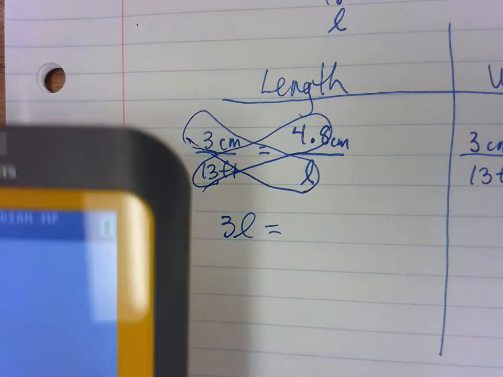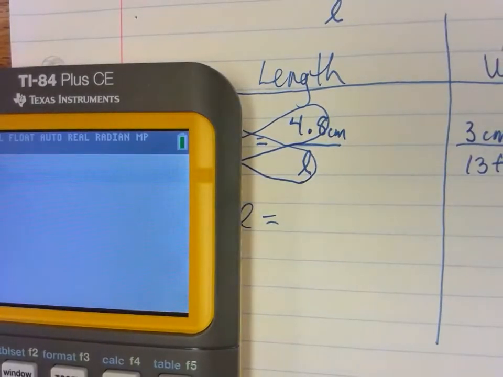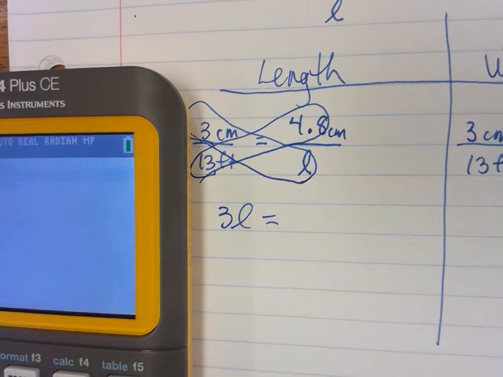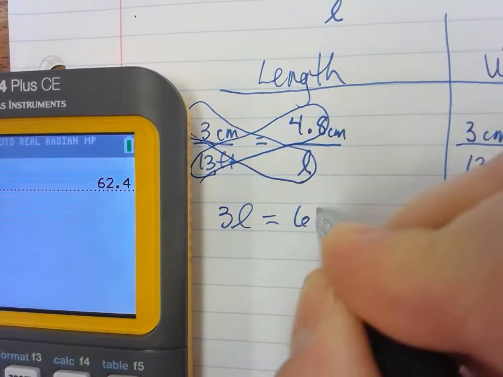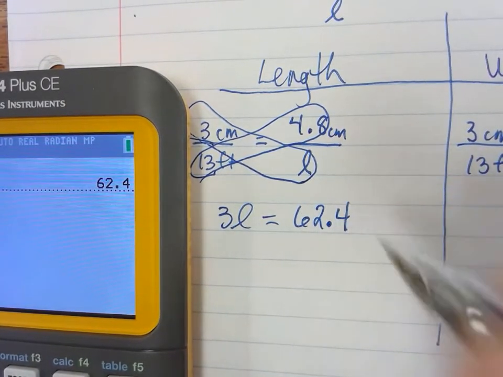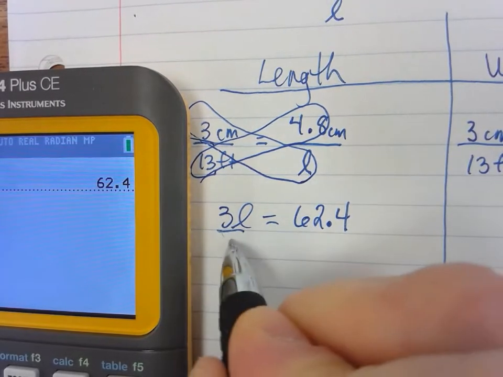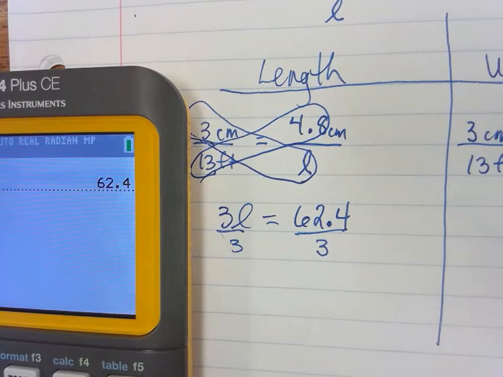Now for the other one, I can actually pull my calculator out here, and hopefully you can see that. I am doing 13 times 4.8, and 13 times 4.8 is 62.4. Then of course I've got to divide by 3 on both sides, just like I normally would on any other equation.